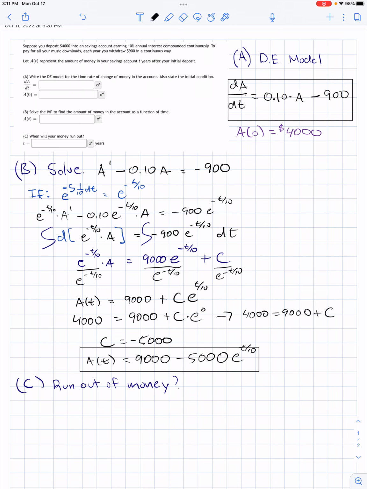And the last part of this problem is to figure out when we run out of money. And when that happens is when the amount at some time will be equal to $0. Right? So all we need to do is solve this equation. When you have 0 money, 9,000 minus 5,000 e to the t over 10.